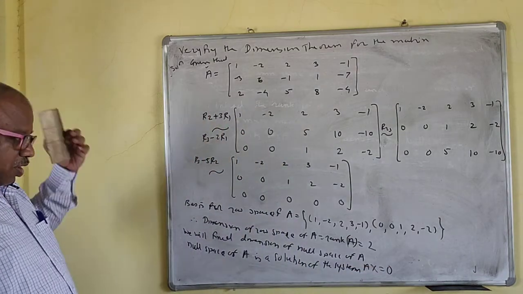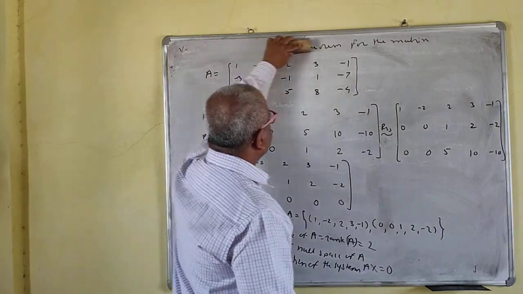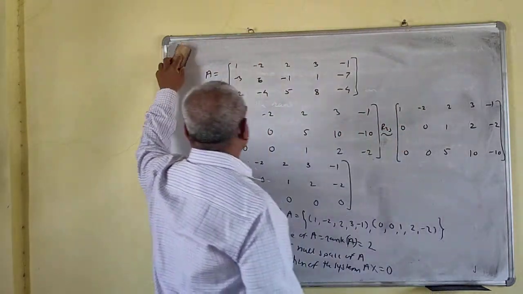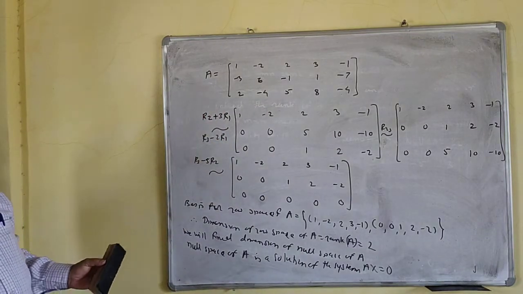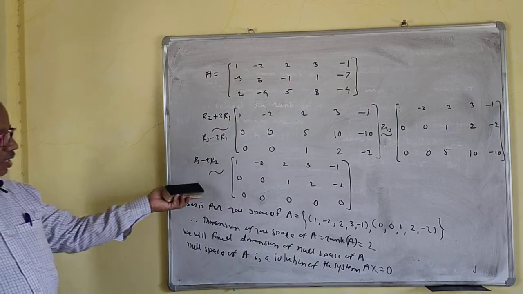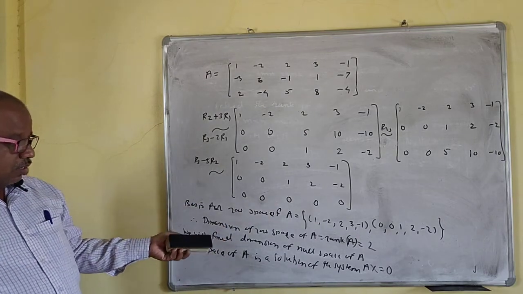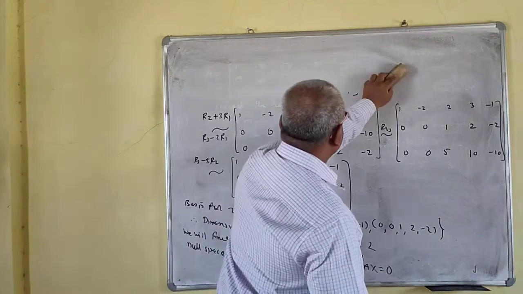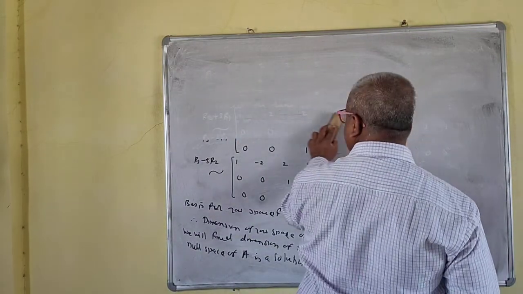Okay, so A is equal to this. We have already reduced this system to the echelon form. Okay, so A is already in echelon form, so there is no need to do all this. So only see the last matrix now.